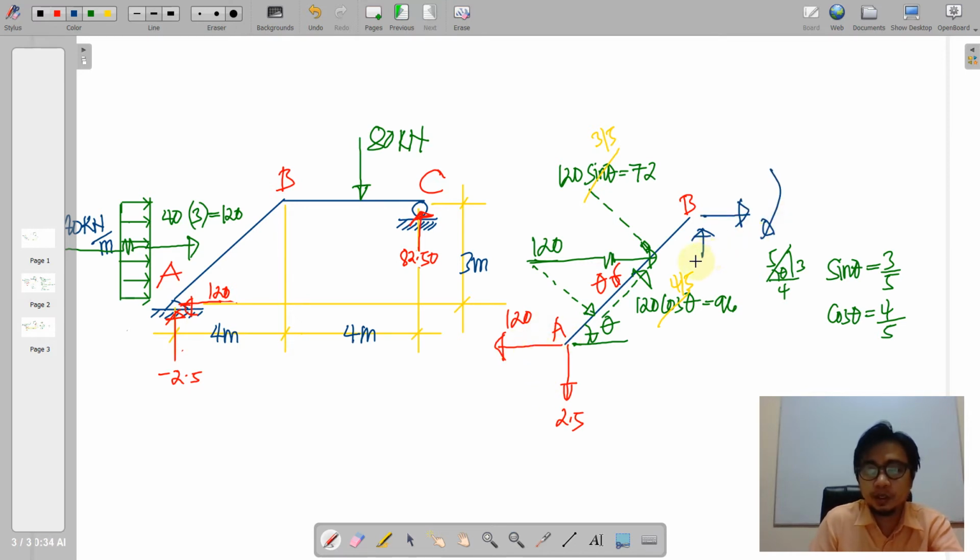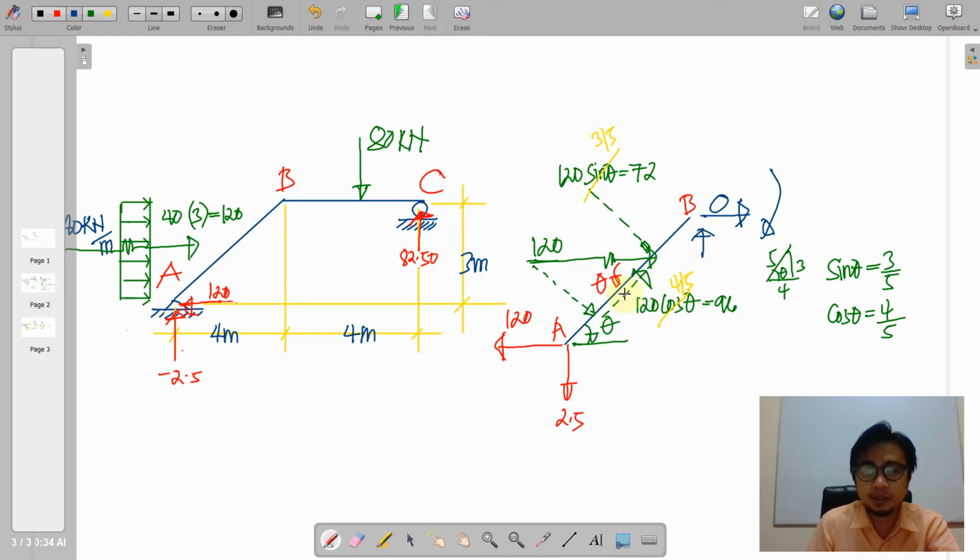So we determine the internal forces at B. So starting with the horizontal, we are pretty sure that we have a 0 value here because 120 rightwards here was already countered by your external reaction here. So 0 is the value of this horizontal reaction.